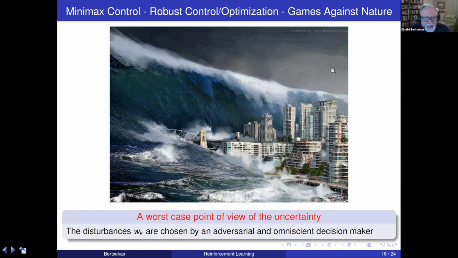However, as this picture suggests, I don't think it's wise to play games against nature, be it in Indonesia with tsunamis, or be it in New Orleans with flooding, or Texas with rolling blackouts. So it's not a game, but we certainly need to guard against the worst case in many settings.